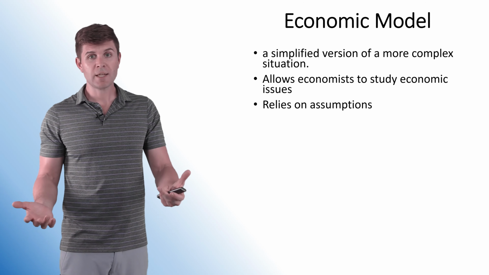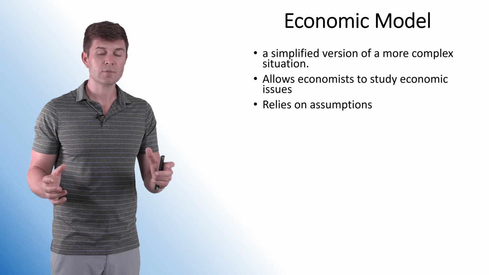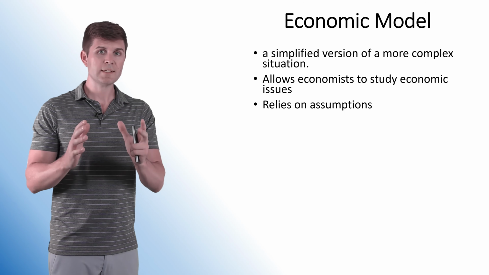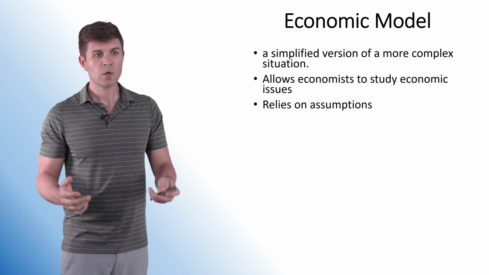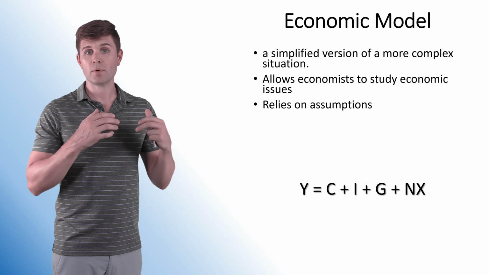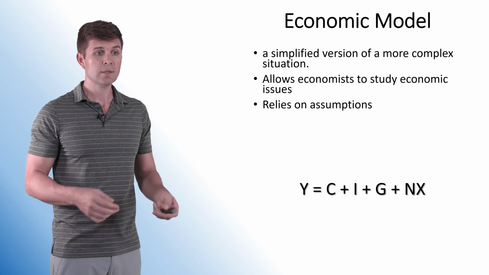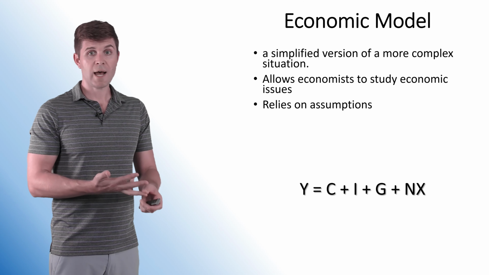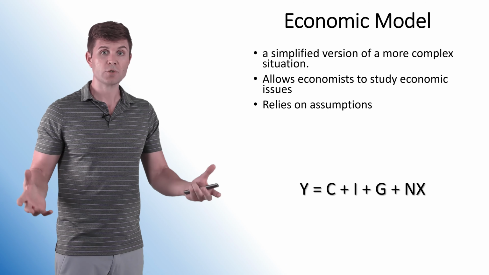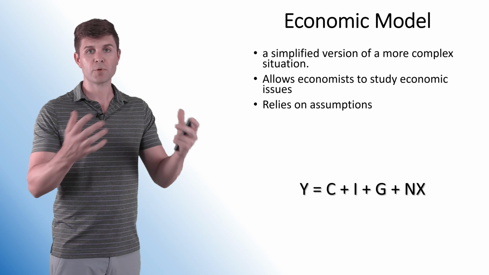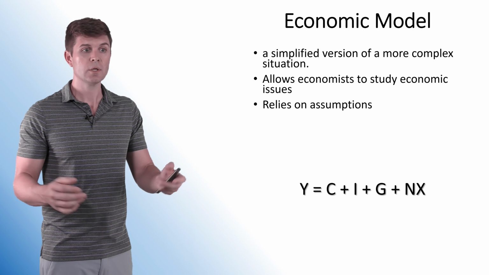So it relies on a lot of assumptions, but it helps present the idea in a way that we can actually visualize. Whether it is a simple equation for GDP, C, consumption, I, investment, G, government, and NX, the net exports, equals our GDP. So this is a model of the gross domestic product of our nation.